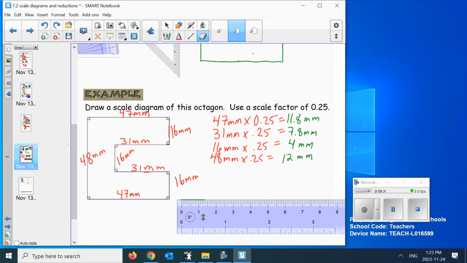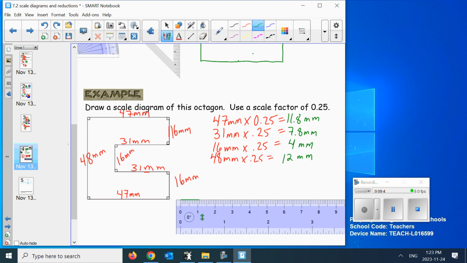Your pencil is actually a little more accurate because it's a digital thing. I can't quite get it perfect. Oh, it's a little over. There's my 11.8. That's mine. You guys got it, right?